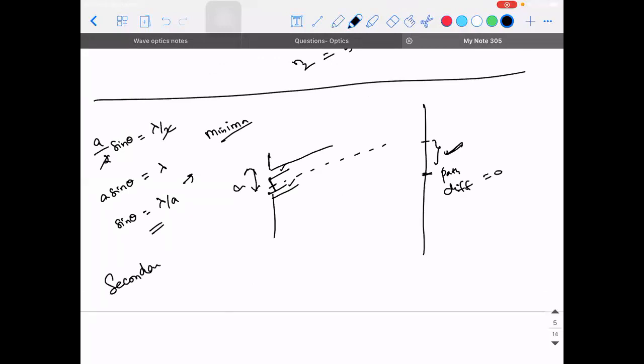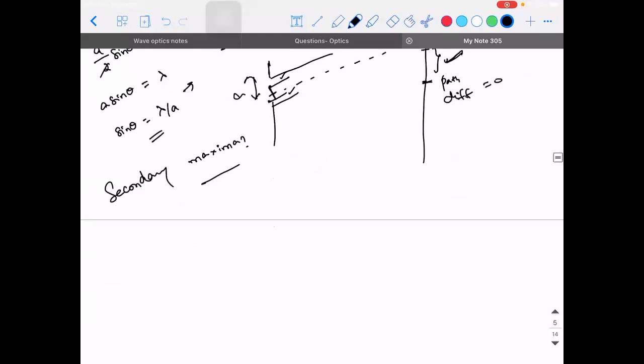So how does the secondary maxima form on the screen? You will break the slit into how many equal parts? 3. You will break it into 3 equal parts in such a way that in between those 3 equal parts, you can find 3 different rays coming out.